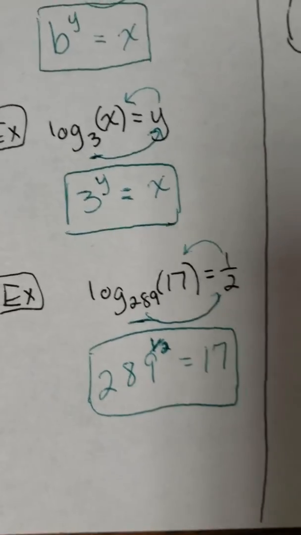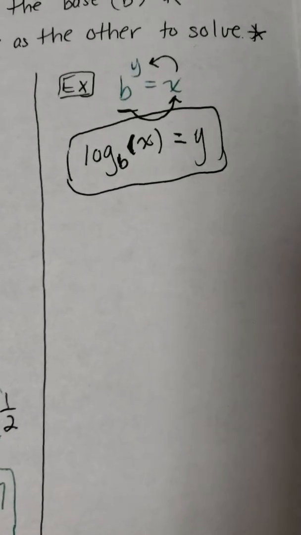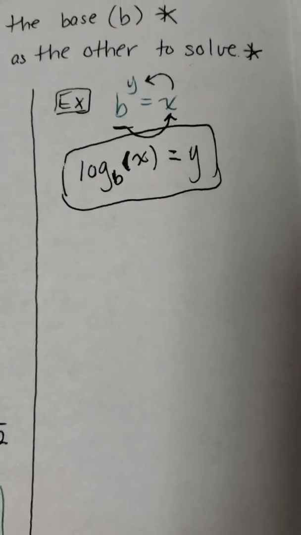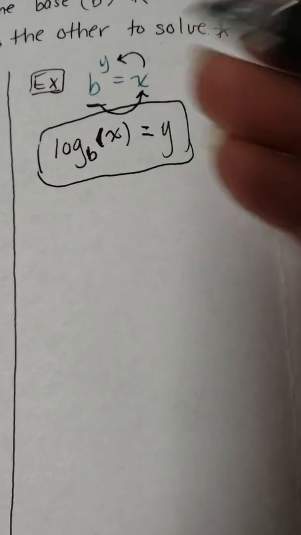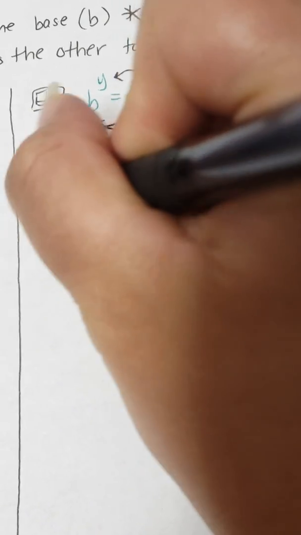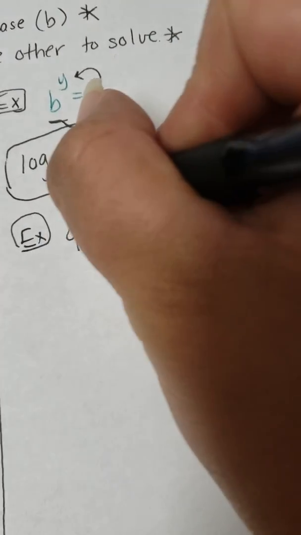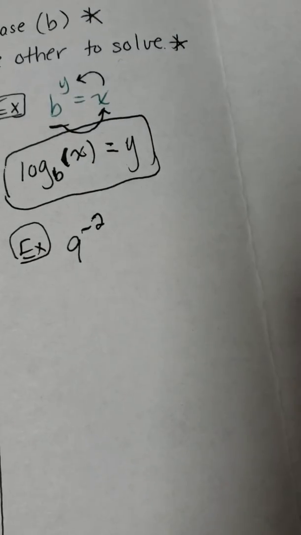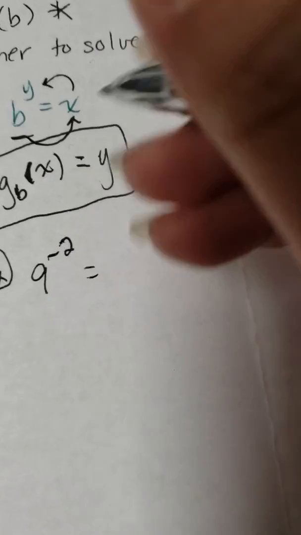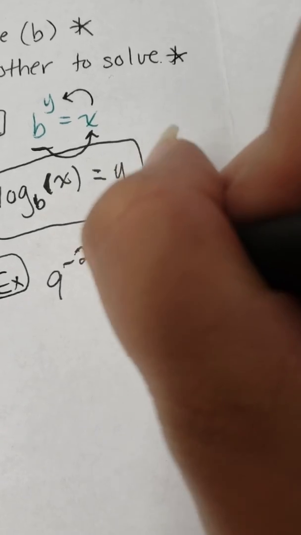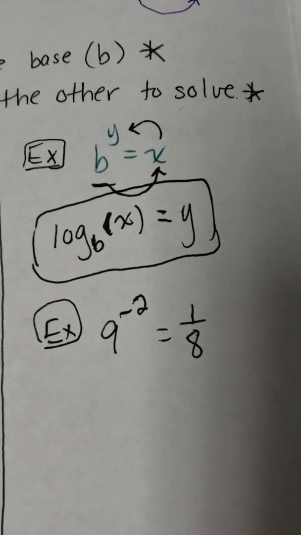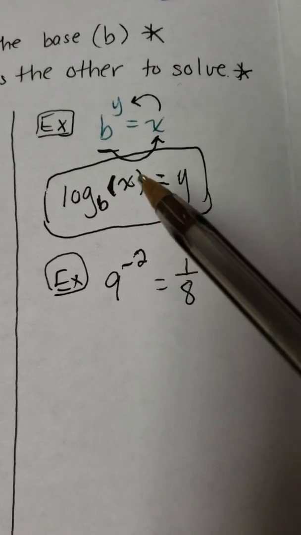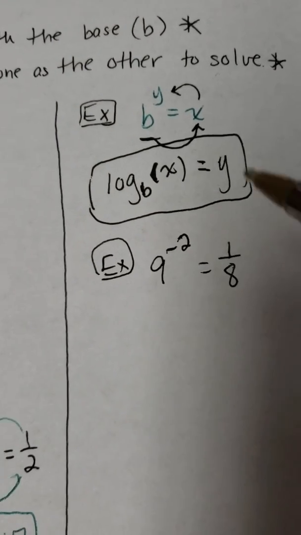Okay, so that's pretty much rewriting logarithms into exponentials. I'm going to go to the other side and do a few examples with the exponential. So now we're going from this form to this form, okay? So let's say, for instance, we have something like 9 to the negative 2, and I'm just going to throw negatives in there because why not, is equal to 1 over 81. Okay, so this has a negative and a fraction. So don't freak out. Remember that we're writing this as a logarithm.